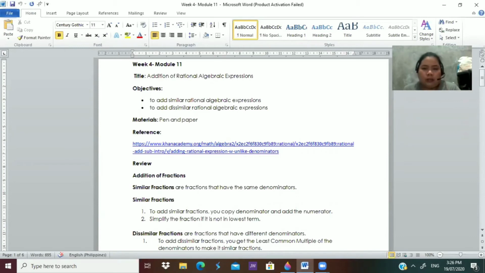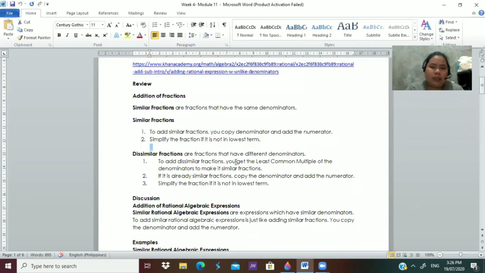So for today, our objectives are to add similar rational algebraic expressions and to add dissimilar rational algebraic expressions. Okay, so dun muna tayo sa review ng similar fractions.